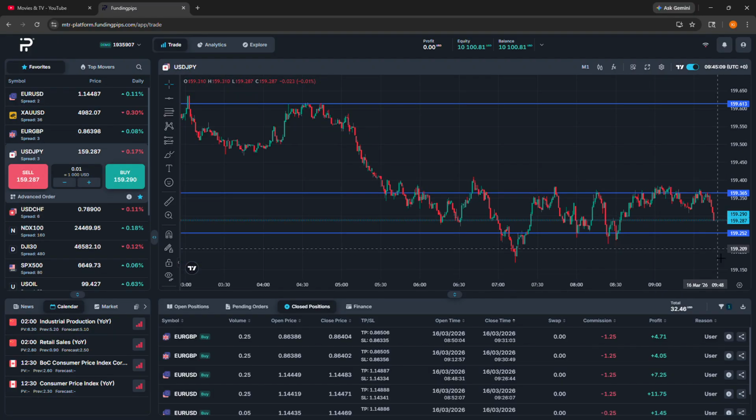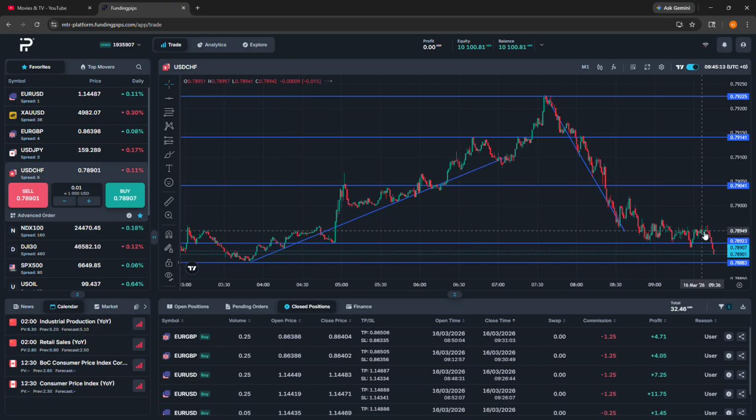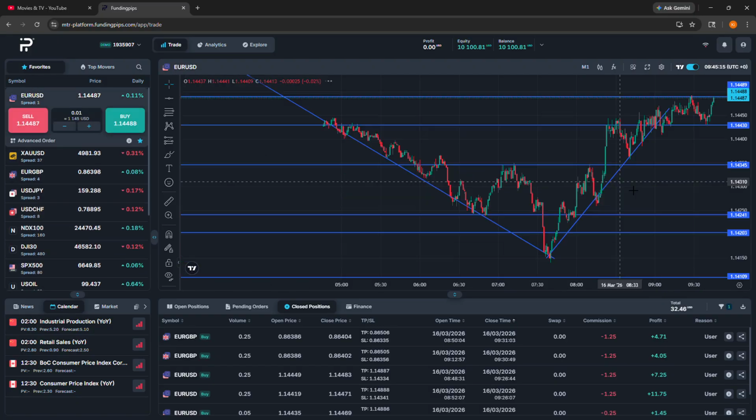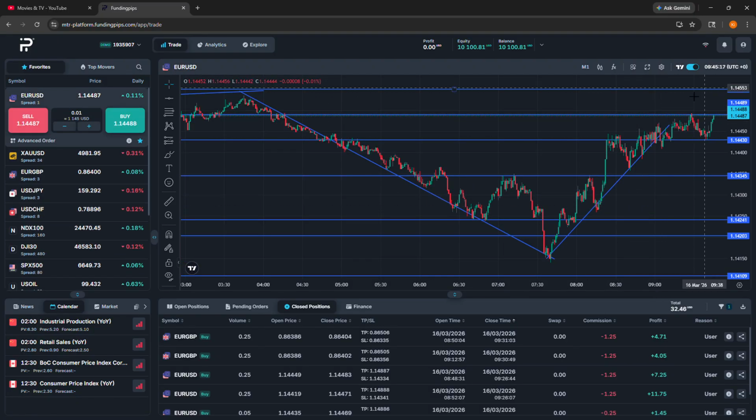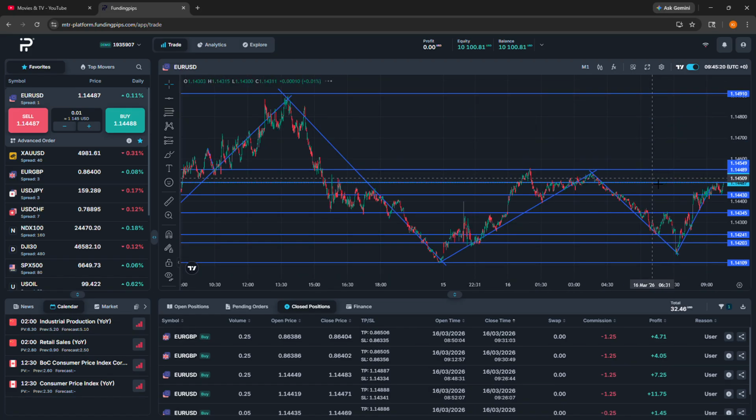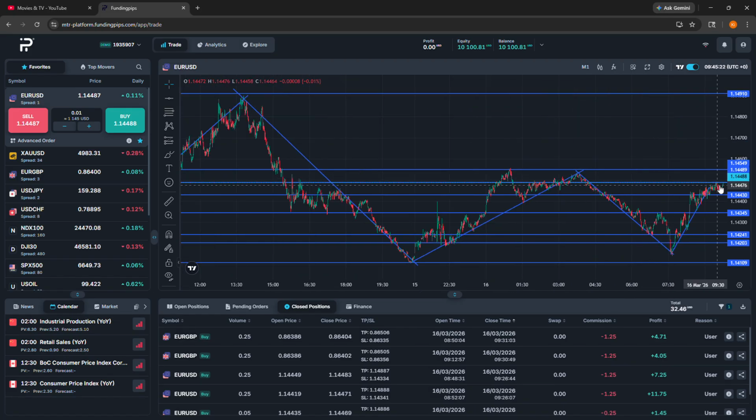UJ is showing a range bound situation that's coming down, so that should be going up, which it is. This could actually go up to here, based on what I'm reading.